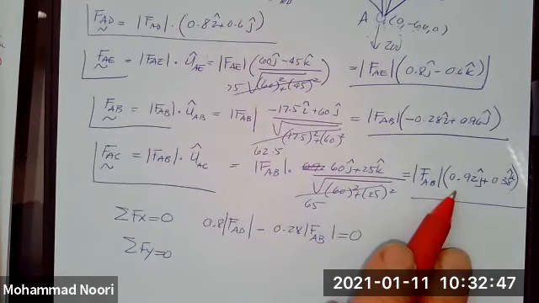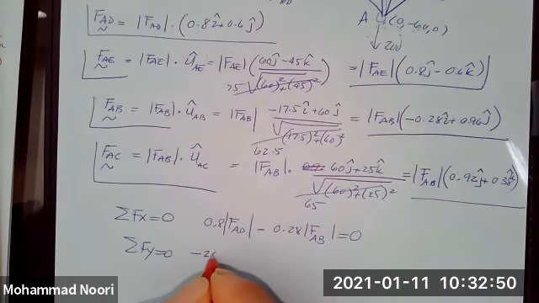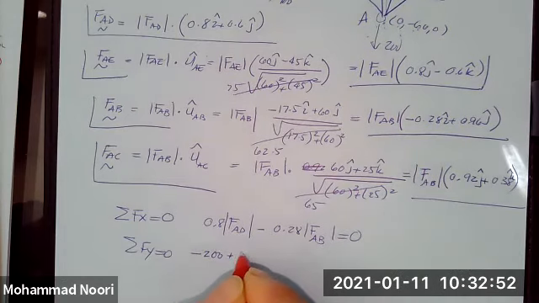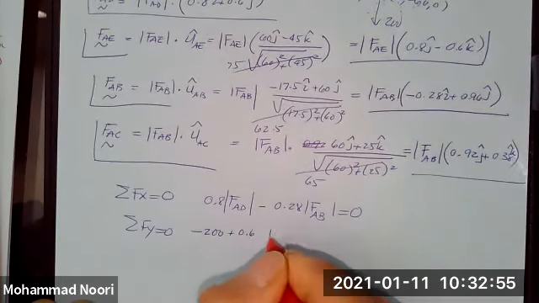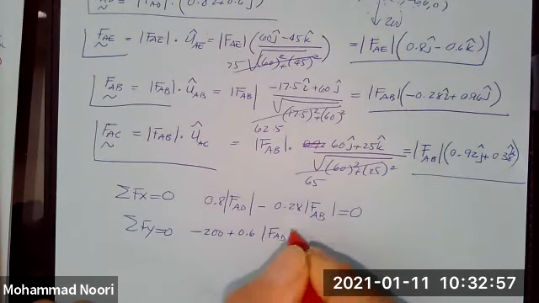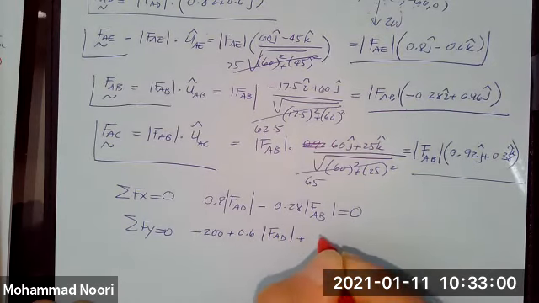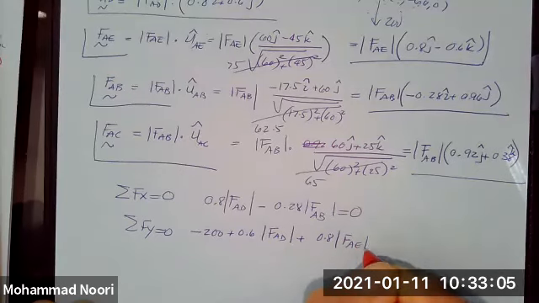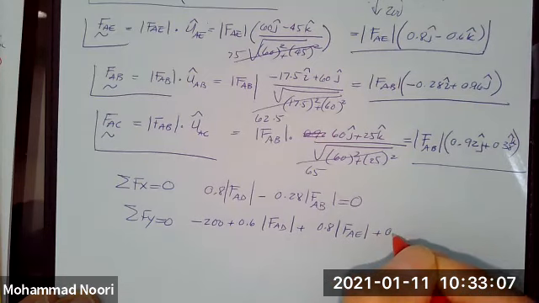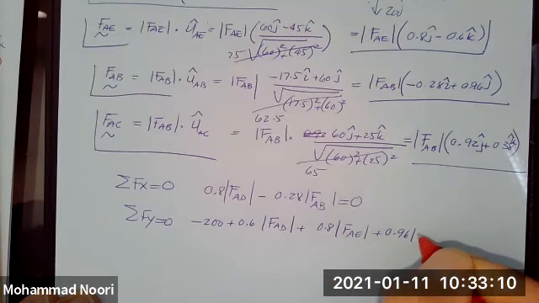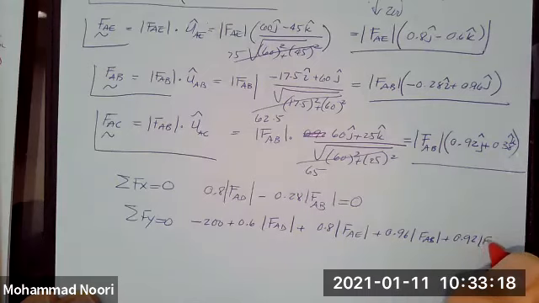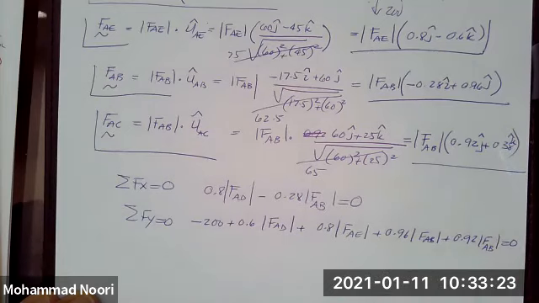So if you write those down, it would be negative 200 plus 0.6 F of AD plus 0.8 force of AE plus 0.96 force of AB plus 0.92 force of AB is equal to 0.